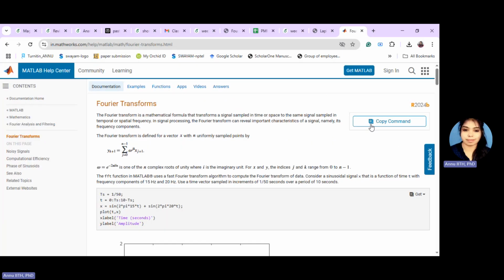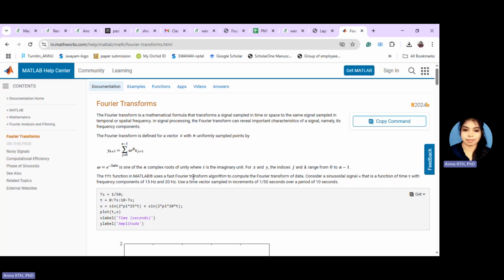See, if you can copy this command and keep it in the command window of the MATLAB, you can directly get this example or documentation completely. Okay, so I love MATLAB. That's why I'm using MATLAB for making you understand.